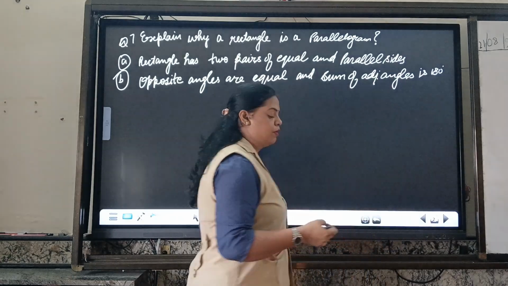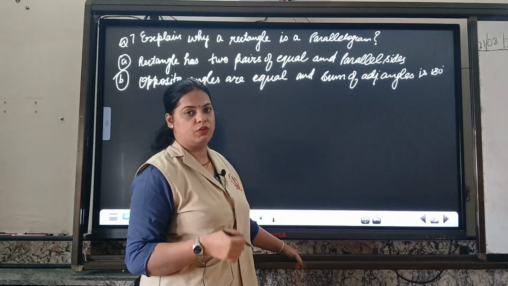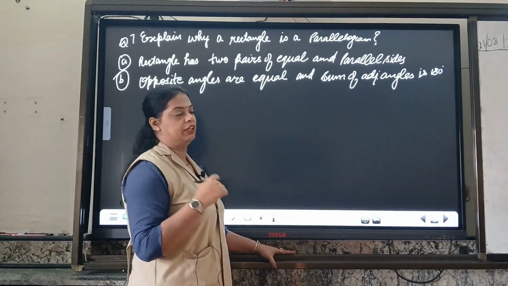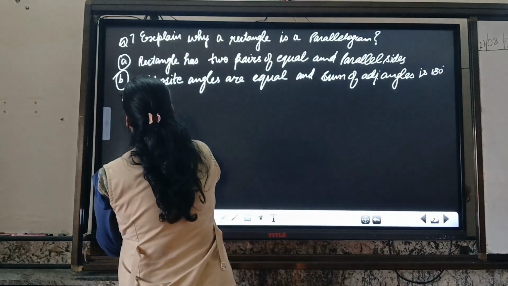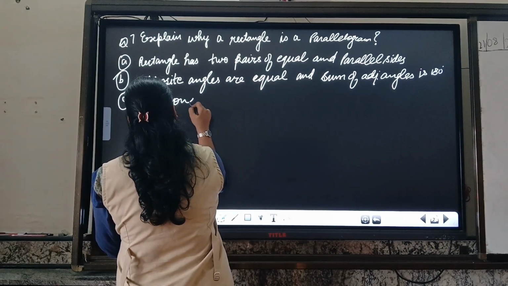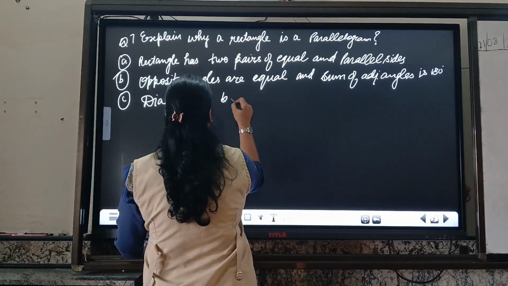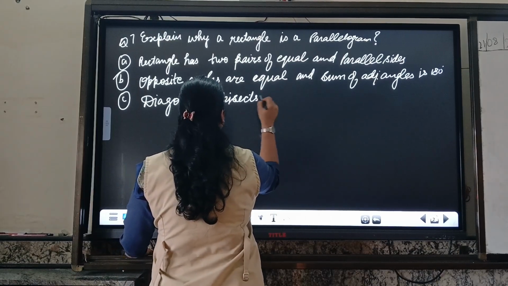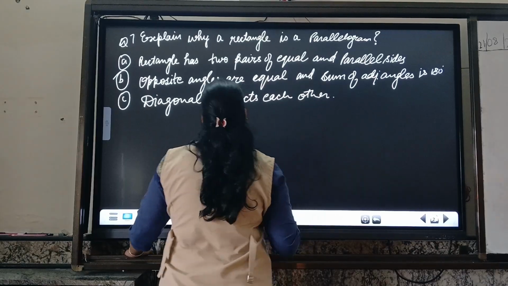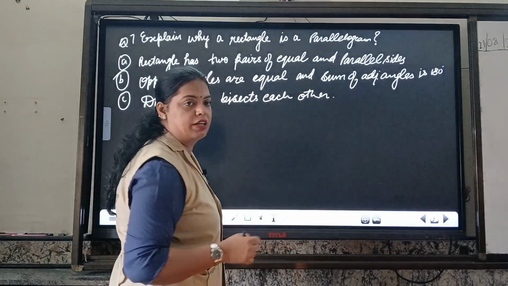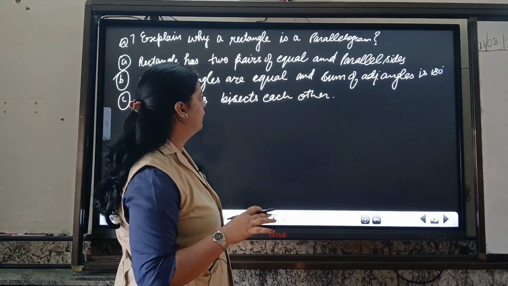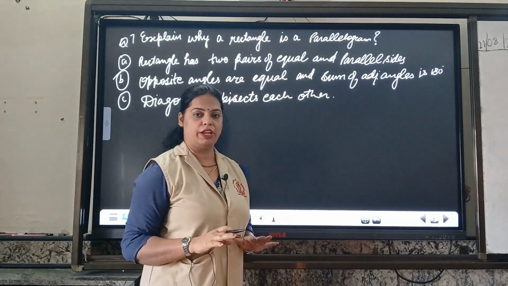In a parallelogram we can see opposite angles are equal and adjacent angle sum is 180. The same thing we will observe in a rectangle also. And the third one which we are going to write: diagonals bisect each other. So all three qualities match with a parallelogram. So we can say a rectangle is a parallelogram.